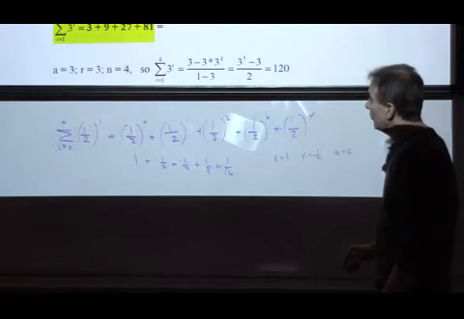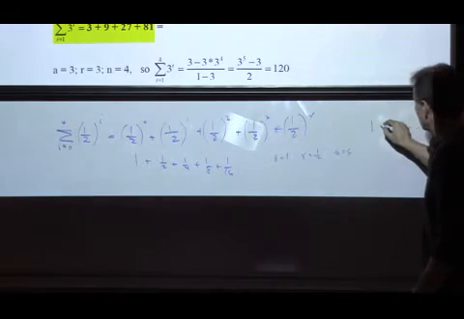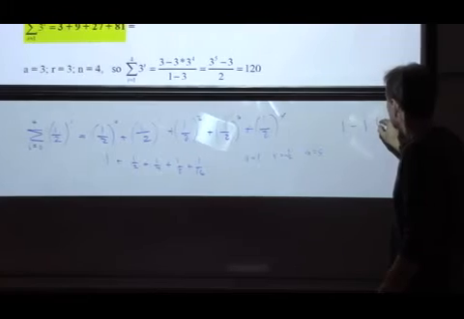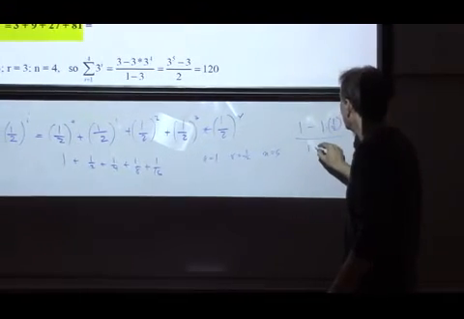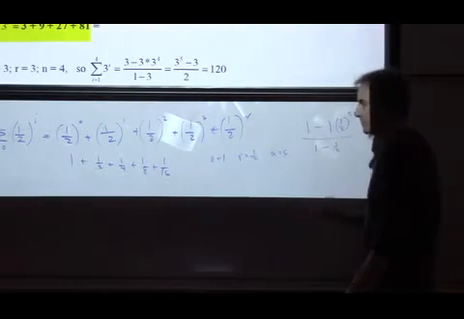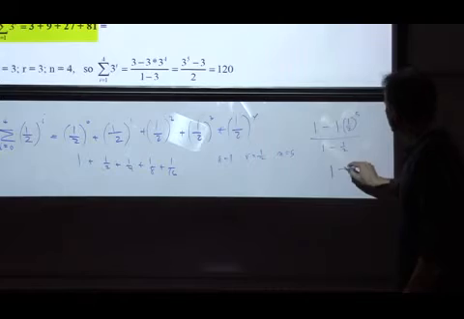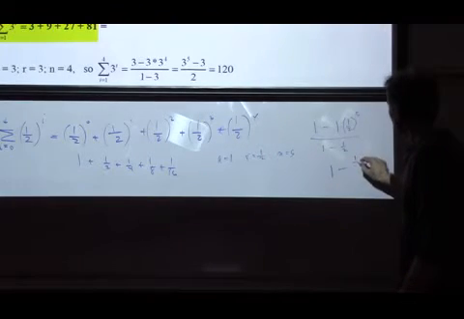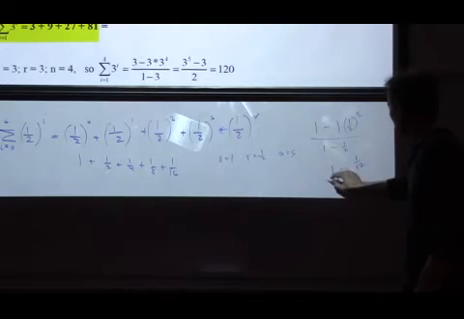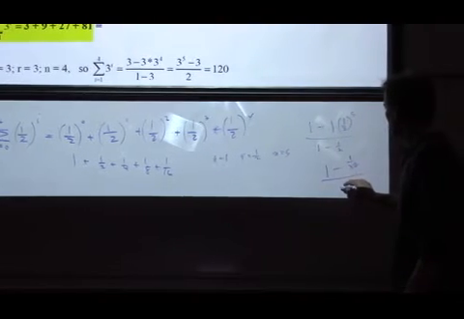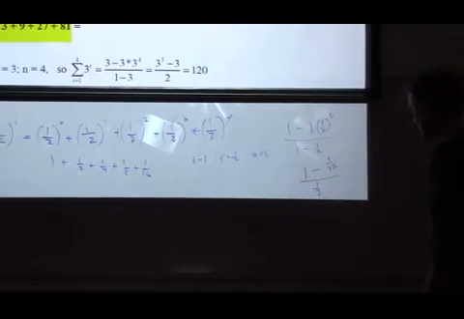So according to our formula, we're going to have A times 1 minus the ratio to the power of the number of terms, over 1 minus the ratio. So we're going to have 1 minus 1/32 over 1 minus 1/2.